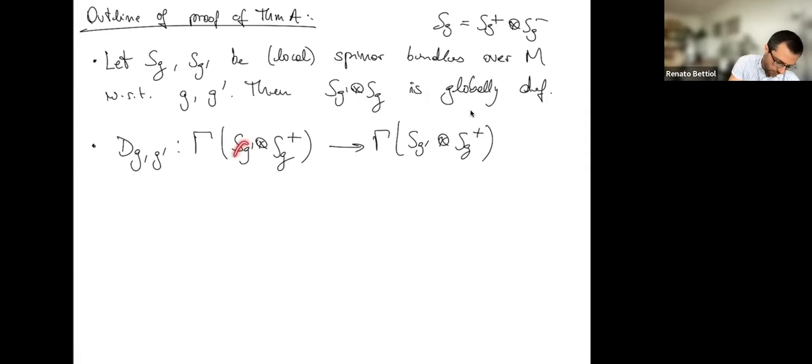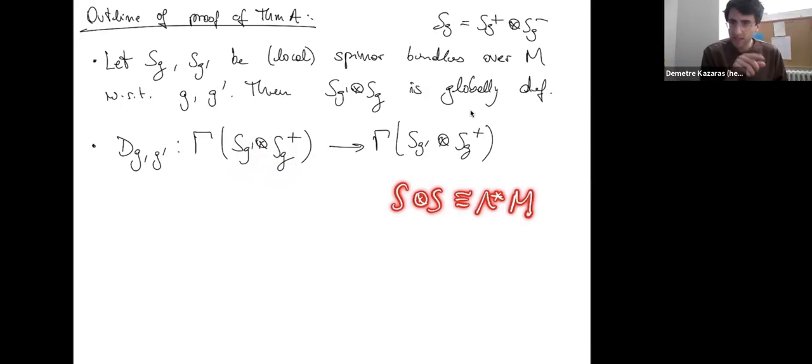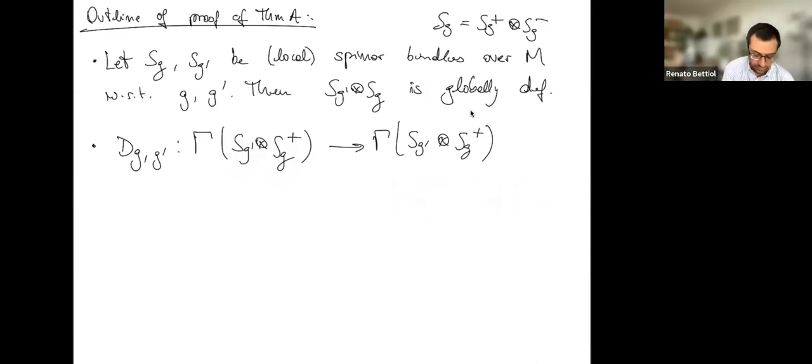If G and G prime were the same, this would be that usual thing: spinor tensor spinor is just the exterior algebra, if the metrics were the same. Even with the plus there, even when you just tensor with the plus part? No, then you get just parts of it. You have all these splittings of the exterior algebra into even and odd, or even plus, even minus, odd plus, odd minus.